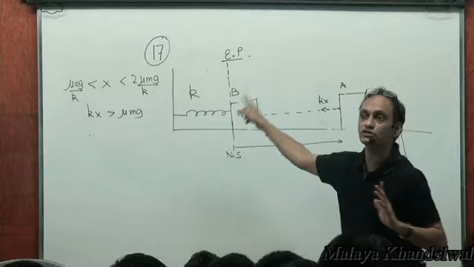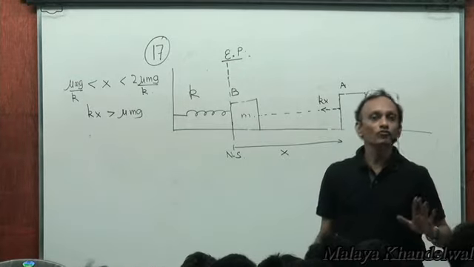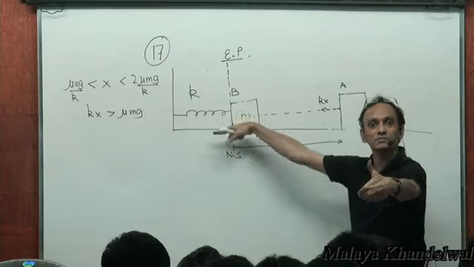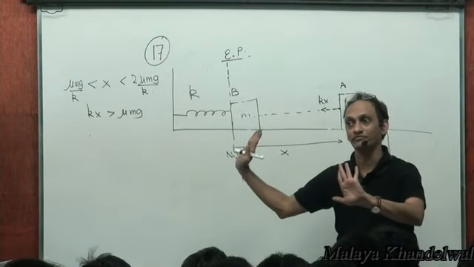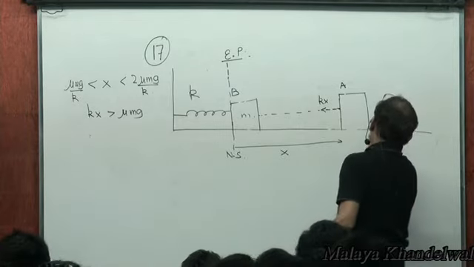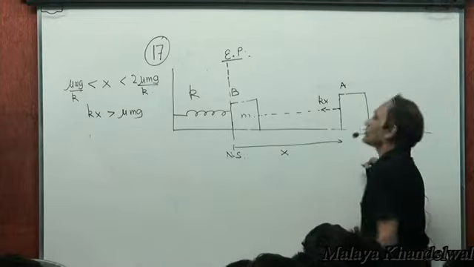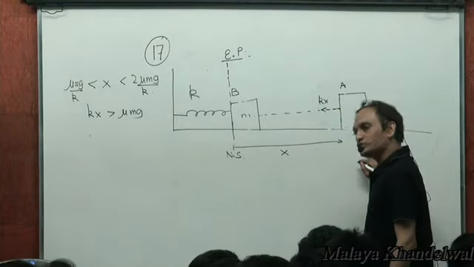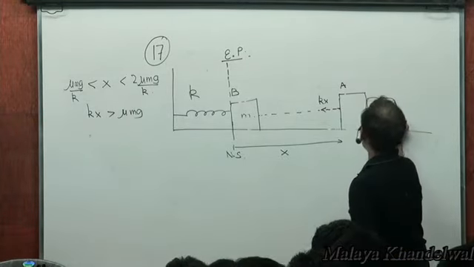When released from A, let's assume that it's going to reach B. For sure it will move leftwards because the spring force is greater than maximum static friction, so it will start to move to the left, right? If it starts to move to the left, what would be the frictional force acting on it? Mu mg to the right, kinetic friction.